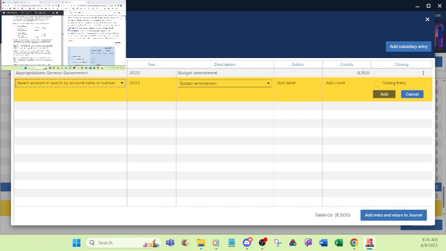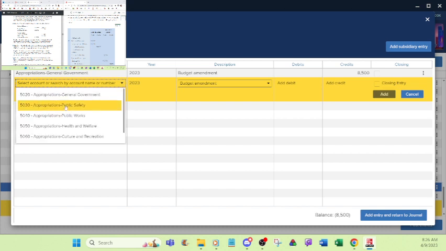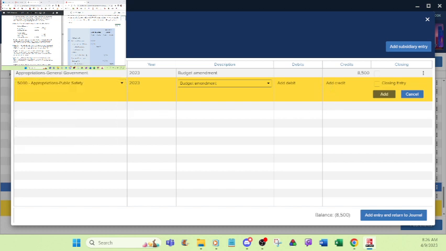They increased an appropriation for public safety, therefore credit. Appropriation, public safety. They increased the public safety appropriation. 9,000.